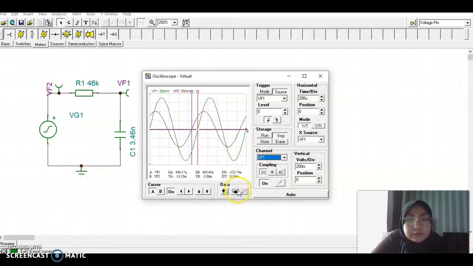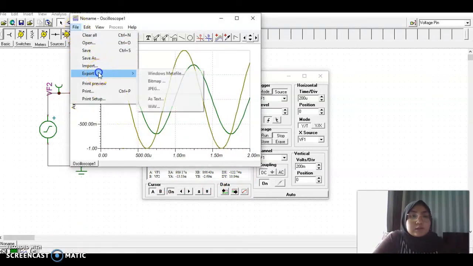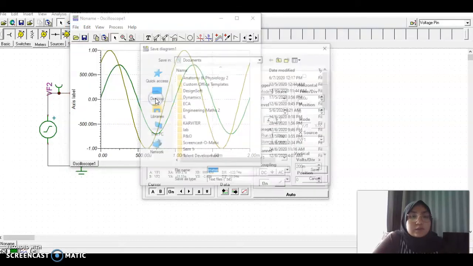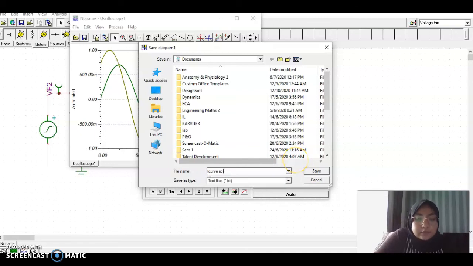Now I'll be exporting the data into Excel. Export. The curve RC. Test.